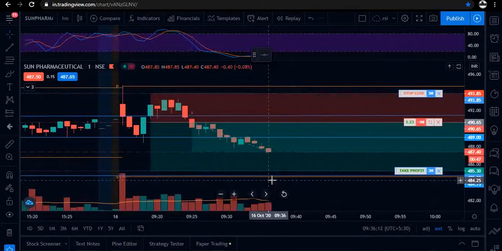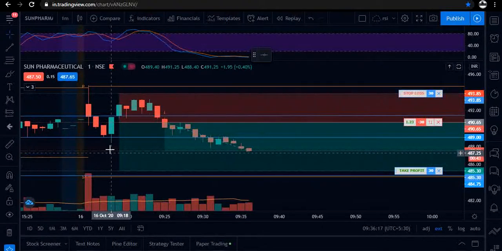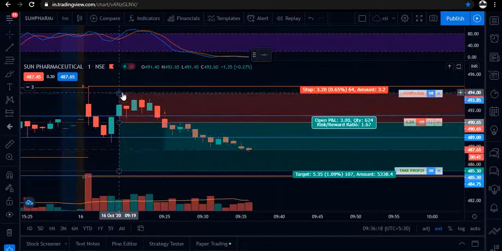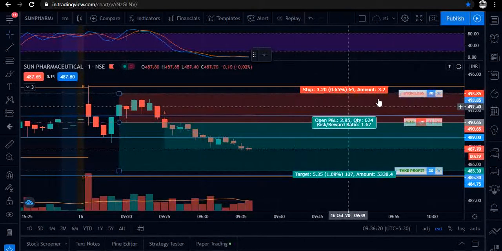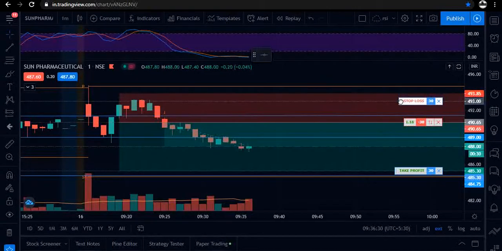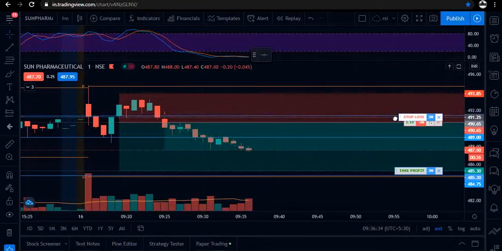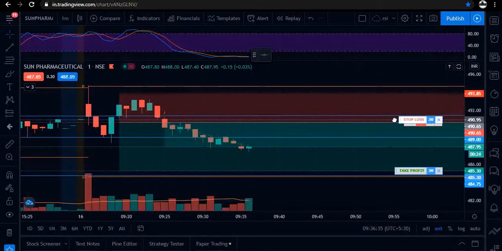So traders, here you can see that it is going towards our target. So what we will do now is trail our stop loss to our cost price, so that we will be in a trade of no loss. We will only be booking profit. Simple. We are not going to take any loss here.